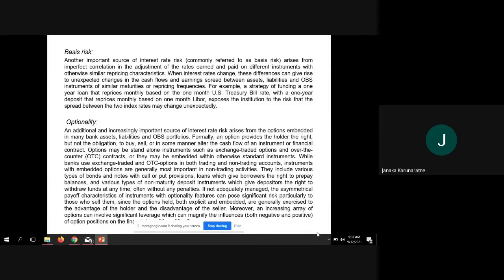But there is a clause in the debenture which says that before the end of the maturity, after 3 years, the issuer, who is John Keells in this case, has the right to recall the debenture.